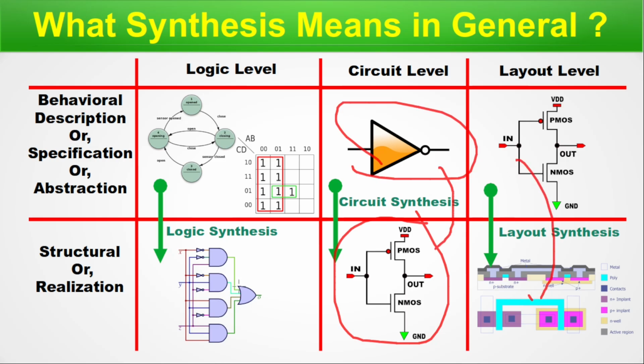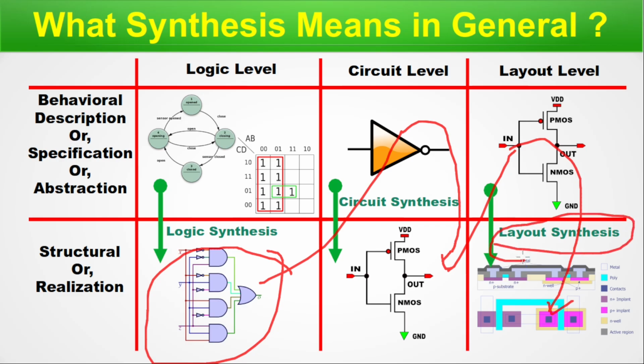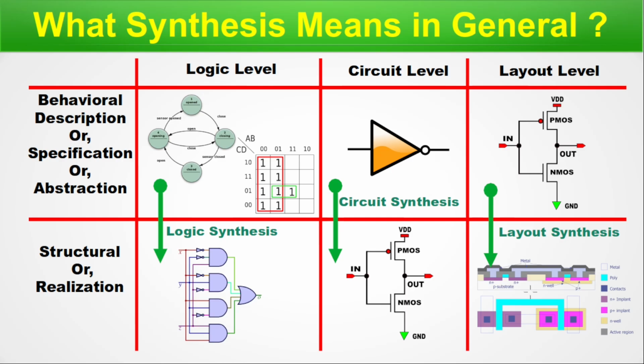But in the actual case, this particular circuit will be here and its corresponding transistor circuit will be here, and the actual layout will come here, and this layout synthesis will be done by your PNR tool. That will connect with your standard cell library, pick up the layouts of each and every cell, and do the layout synthesis here. And that has a lot of complexities and optimization at that level.